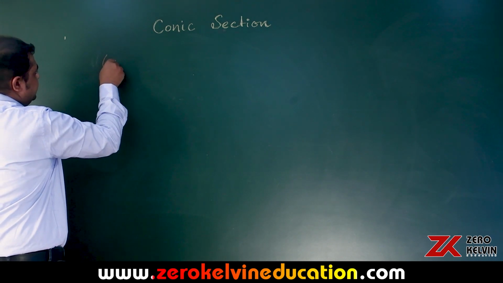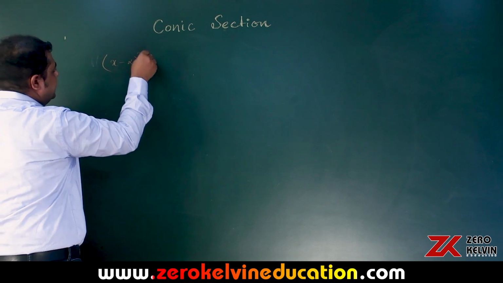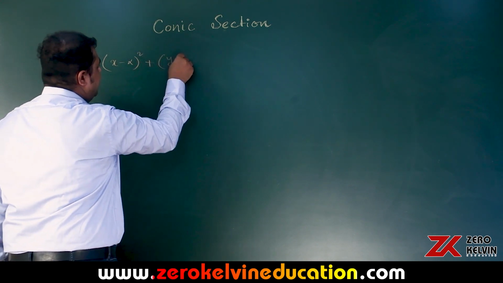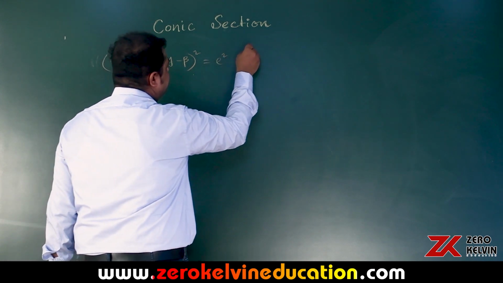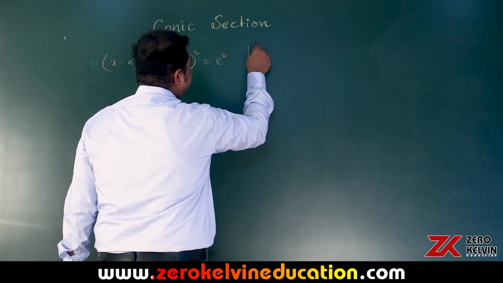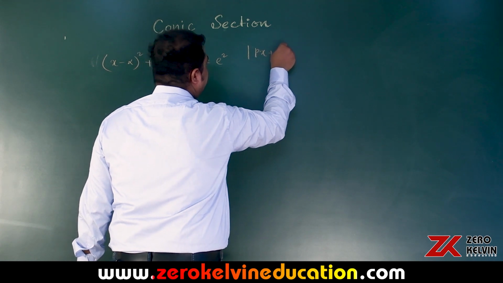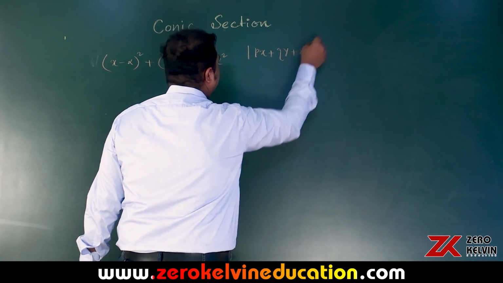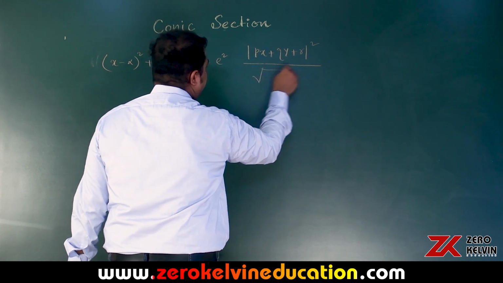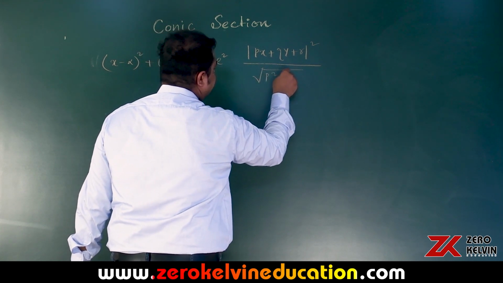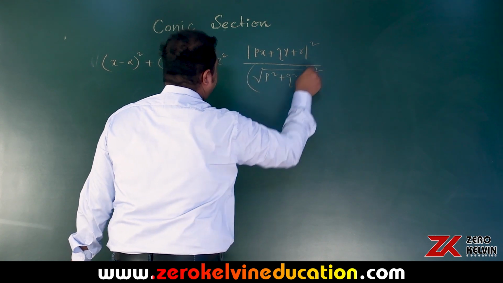The standard equation that we have found is x minus alpha whole square plus y minus beta whole square is equal to e square times modulus of px plus qy plus r whole square divided by root over p square plus q square whole square.